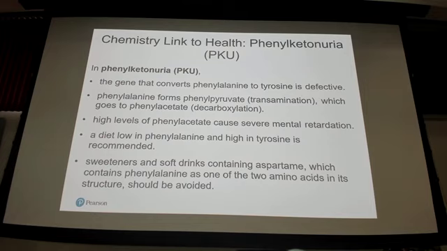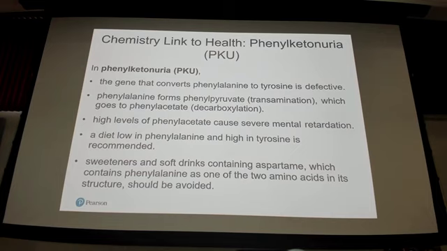So, of course, when we have a baby that has been diagnosed with phenylketonuria, we make sure that they have a diet low in phenylalanine and high in tyrosine, so they circumvent that missing enzyme, phenylalanine hydroxylase.